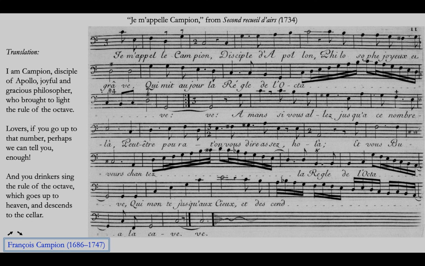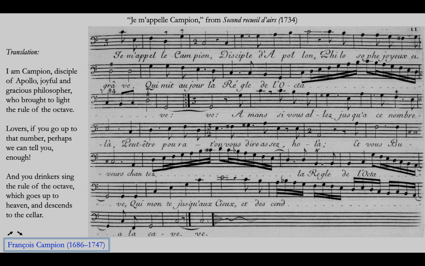Je m'appelle Campion. Je m'appelle Campion, disciple d'Apollon, philosophe joyeux et grave, qui mit au jour la règle de l'Octave.